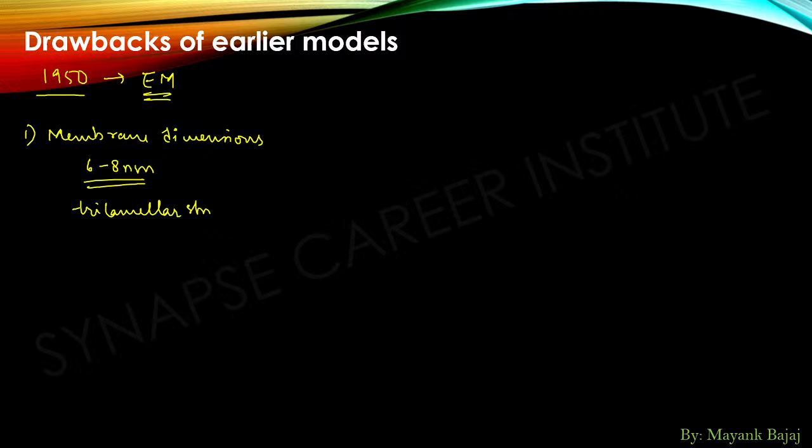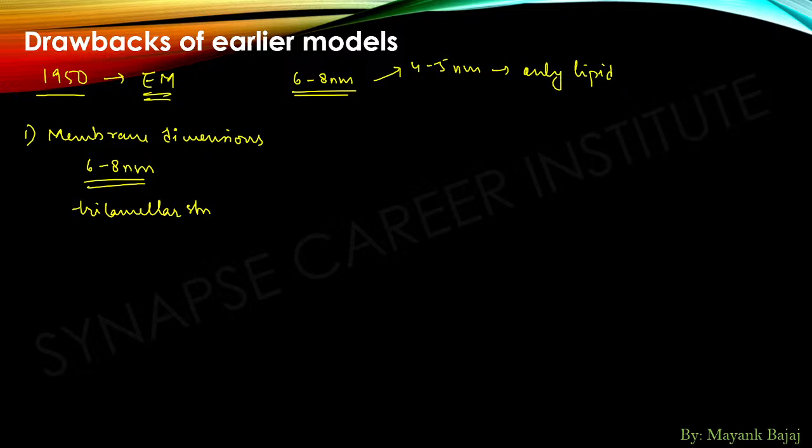However, during microscope studies, what was identified: this 6 to 8 nanometers में से, the electron microscope studies found कि 4 to 5 nanometers of this 6 to 8 was only the lipid composition, right?